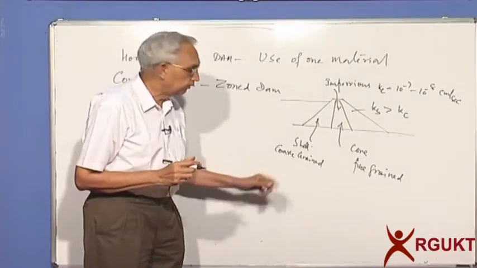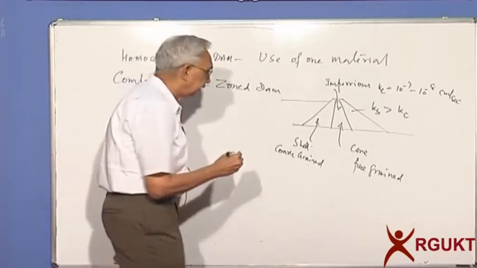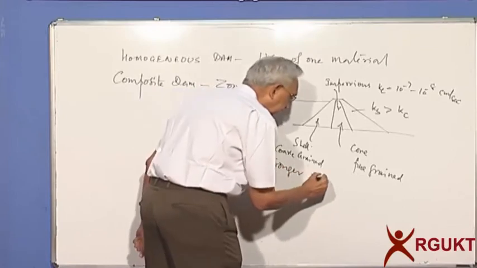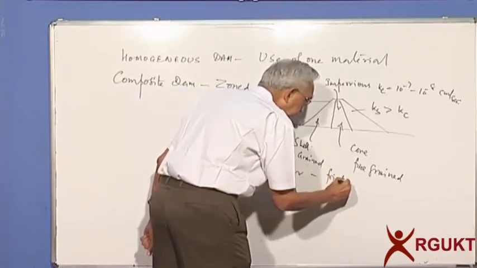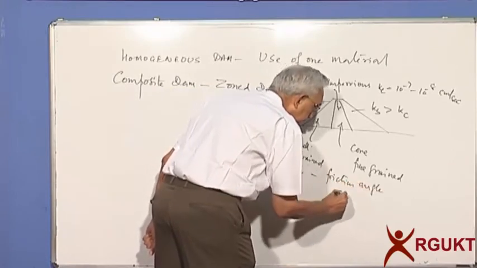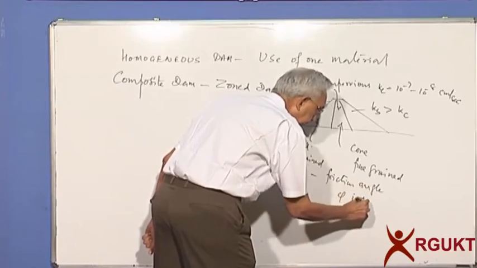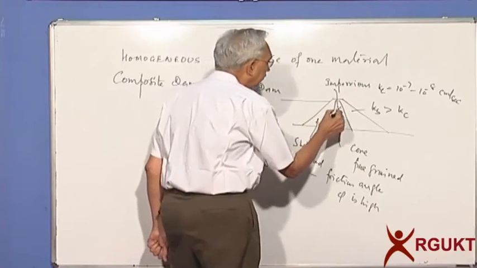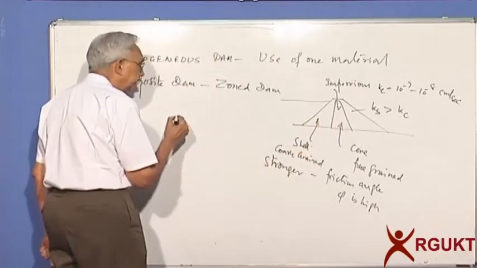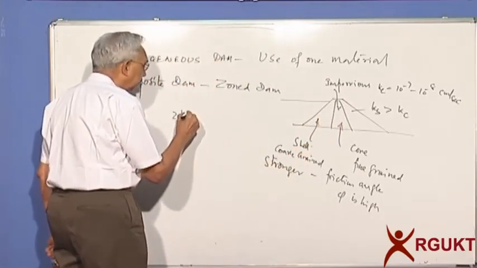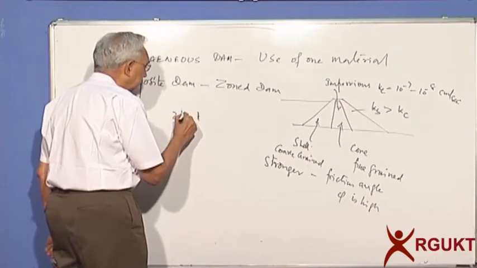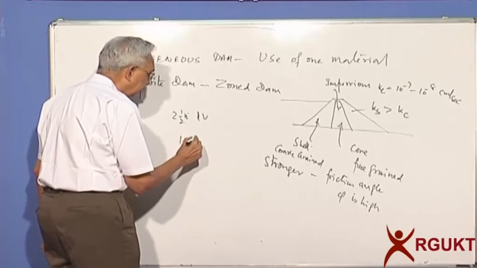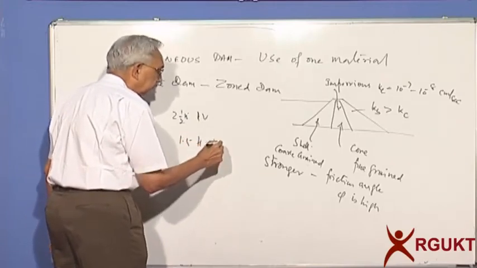The shell consists of coarse grained material, which is definitely stronger. That means its friction angle, as we'll study later, is high, so that I can have steep slopes. If I have fine grained soil, I may have to use a 2.5:1, 2.5 horizontal to 1 vertical, whereas with this maybe I can even have 1.5 horizontal to 1 vertical.